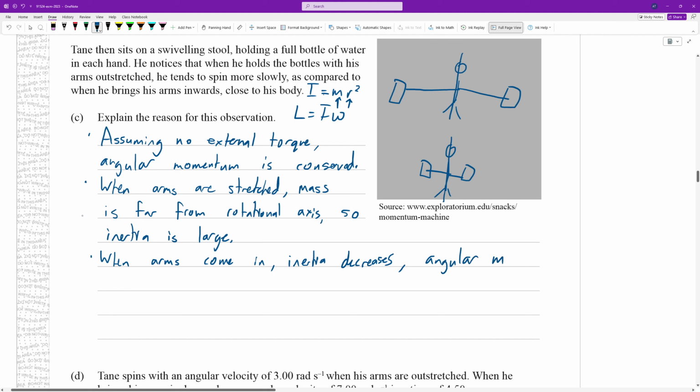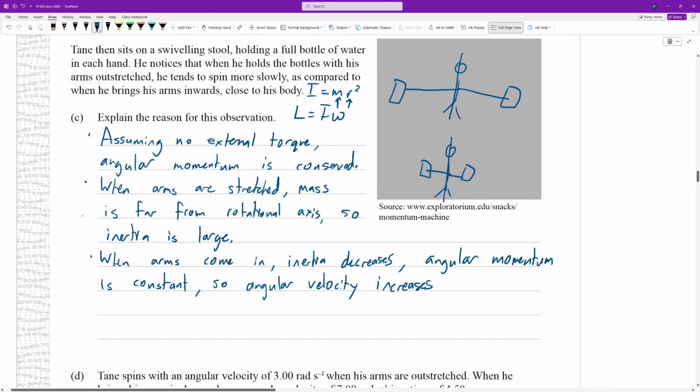angular momentum is constant, right? Because we said assuming no external torques, angular momentum is conserved. So angular momentum is constant, so angular velocity increases.